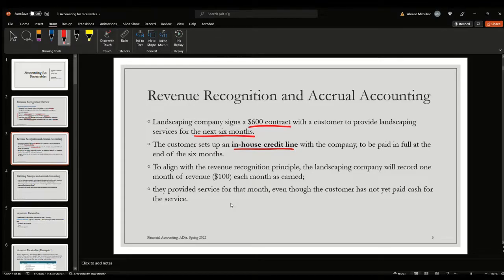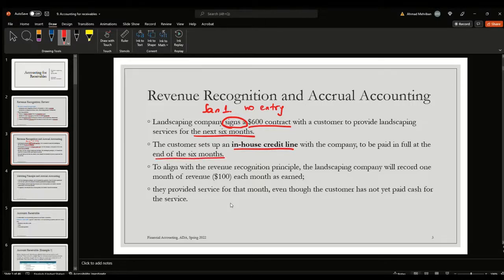If the contract has been signed on January 1, there is no entry here, because we didn't exchange any cash and we didn't provide any service. We only signed the contract. The payment will be made at the end of the 6 month period.